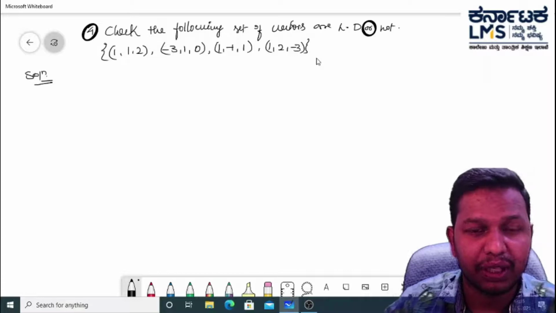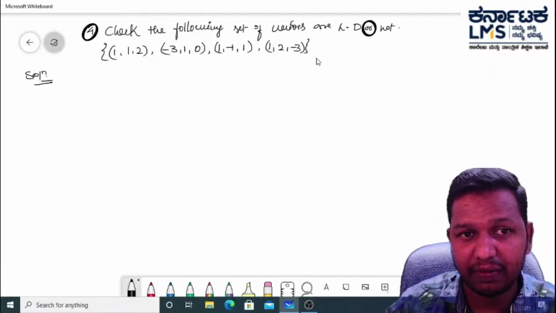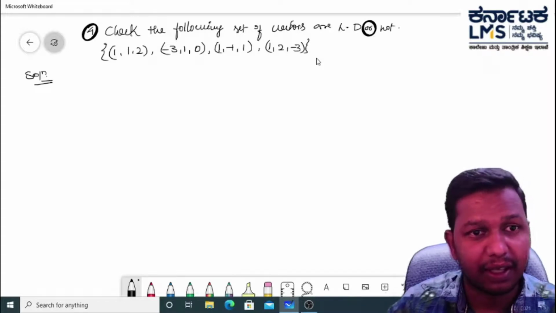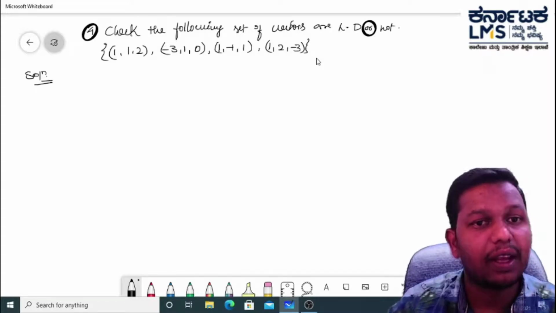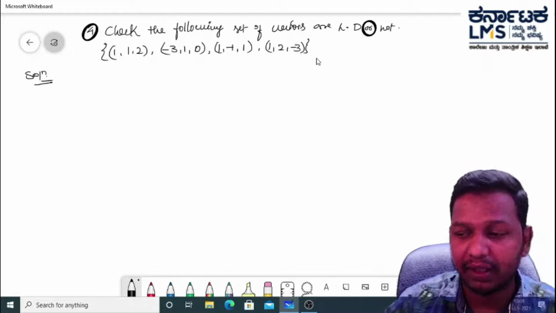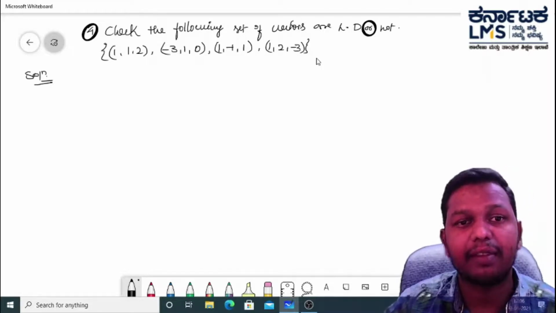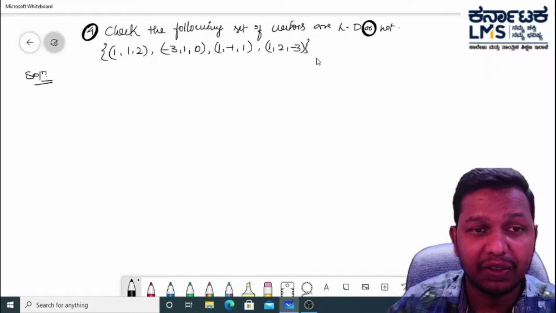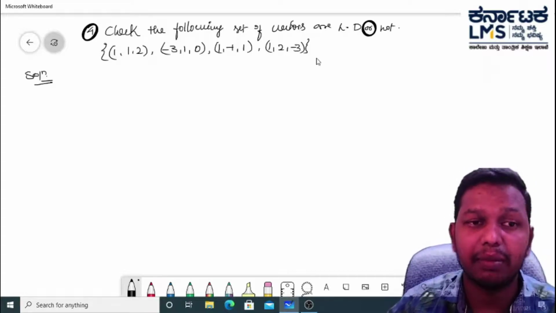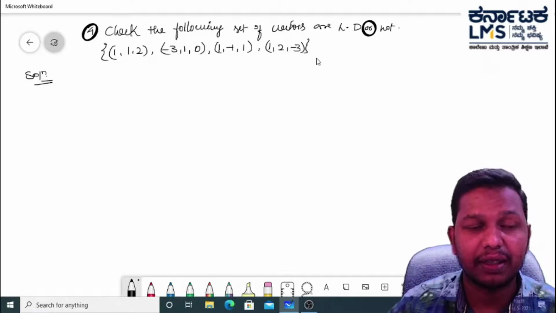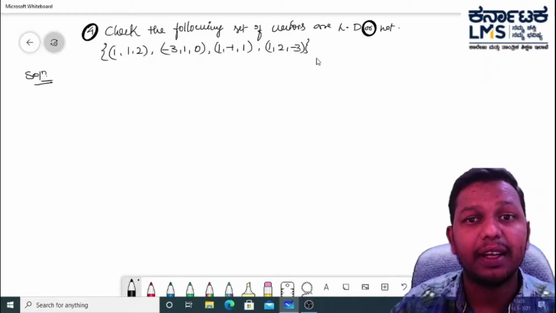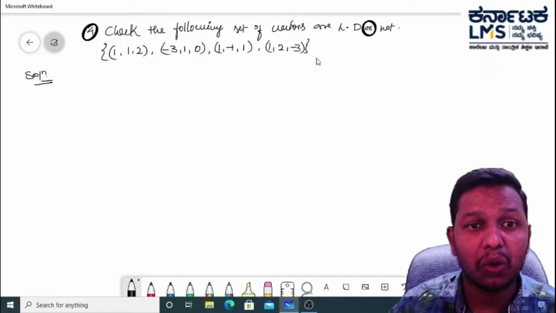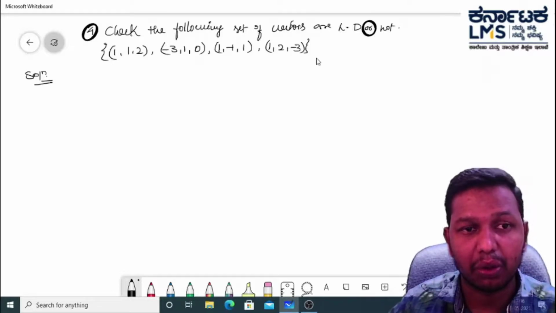Here we cannot use the determinant form because it doesn't form a square matrix. Therefore, I use the matrix method only, and to check independence or dependence, I use the concept of row reduced echelon form.